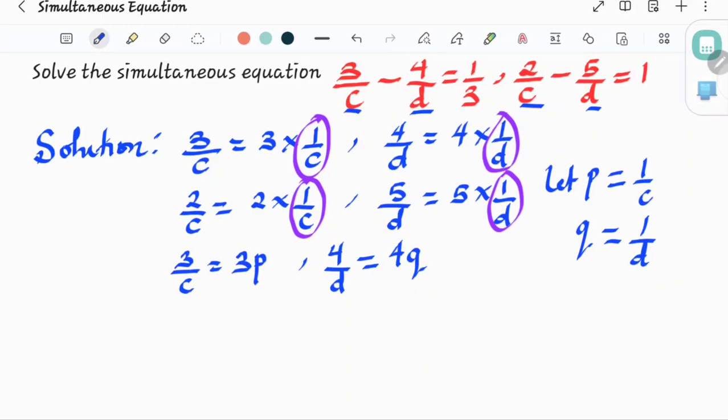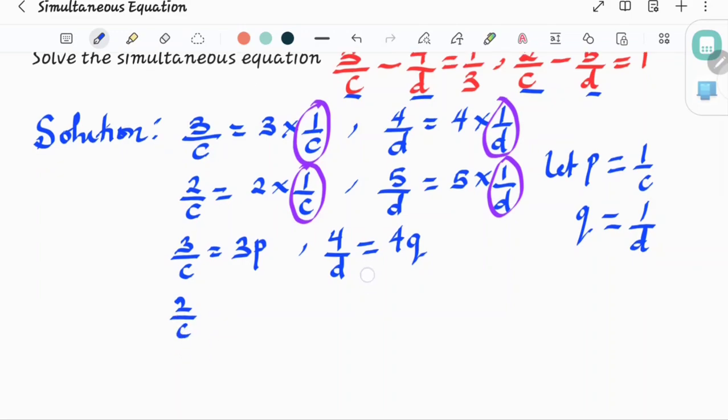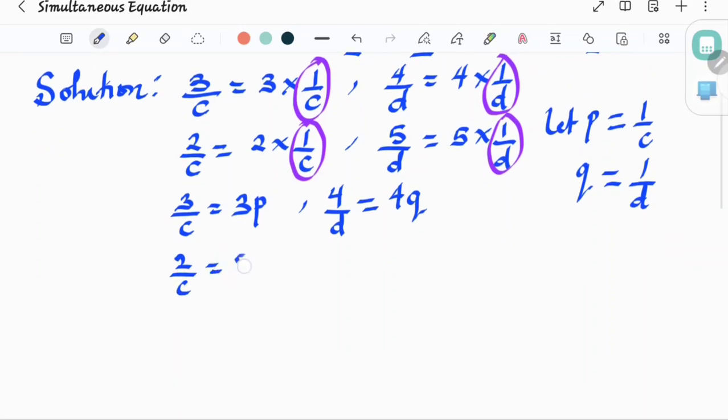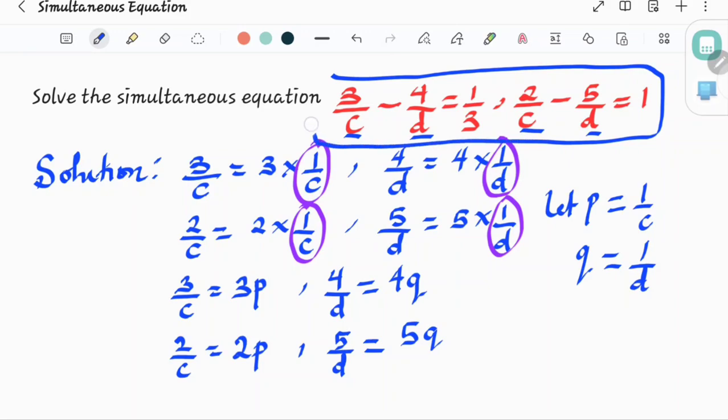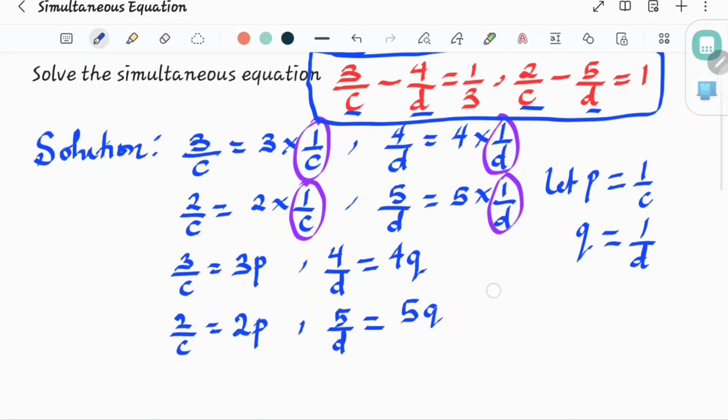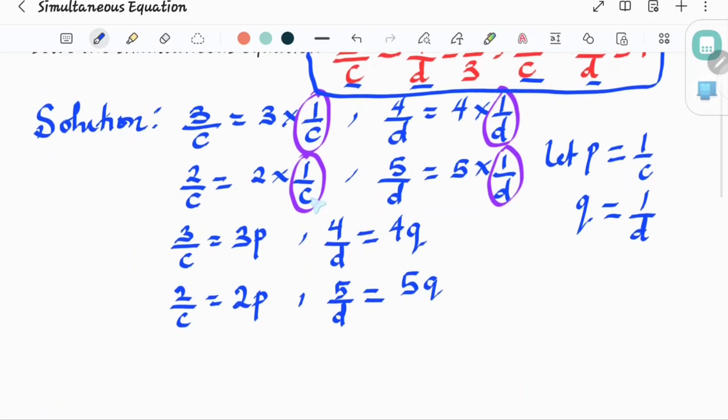So let's just go right into solving the question, or let's just complete this part. We also have 2 over c is the same as 2p. Then 5 over d is the same as 5q. So if we now substitute, the new shape the whole of this equation is going to take is: 3 over c is now 3p.